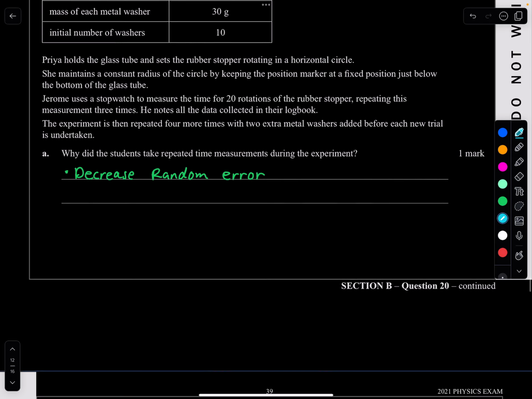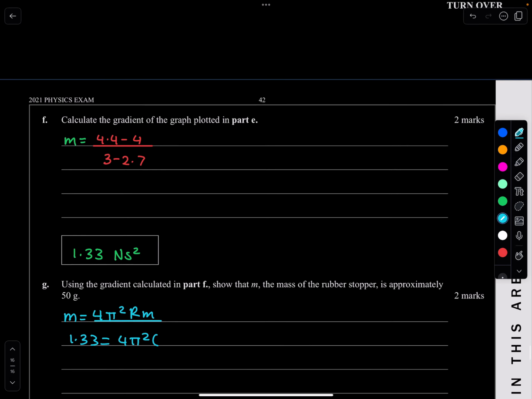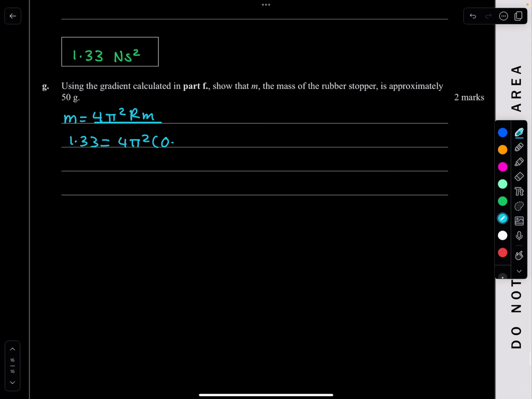We were given, yep, 0.75, and the mass is what we're trying to calculate. So basically your m is 1.33 all over 4 pi squared times 0.75.